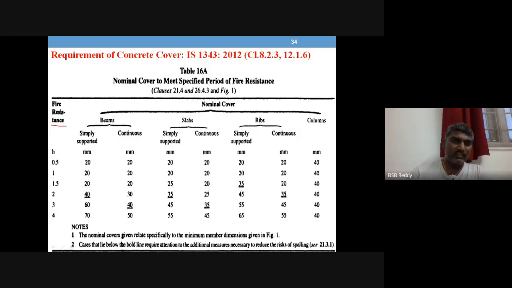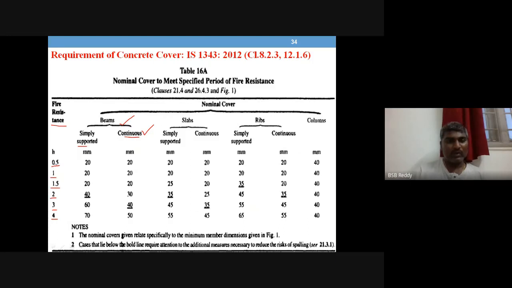So fire resistance for a period of half an hour, 1 hour, 1.5 hours, 2 hours, 3 hours, 4 hours. So we will measure fire resistance in terms of time period for resisting the fire. If it is for beams, simply supported or continuous, we mostly have this case of continuous.